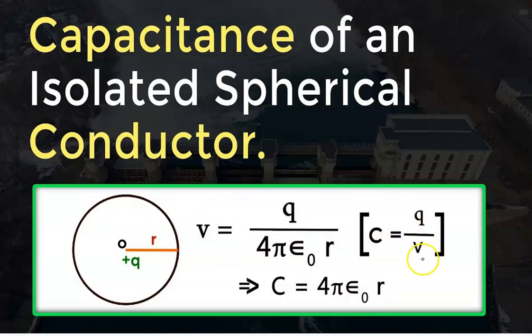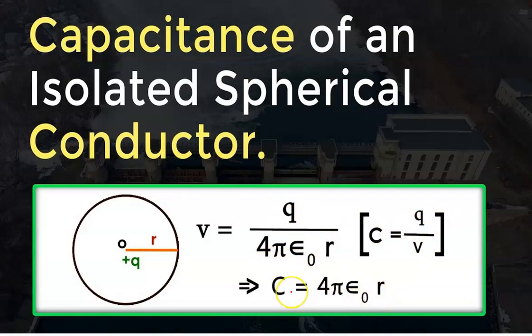Here Q is the charge on our sphere. Now V is given as 1 by 4 pi epsilon naught Q by R. Put this value of V here, and Q will be cancelled by Q, and you will be left with only 4 pi epsilon naught R.